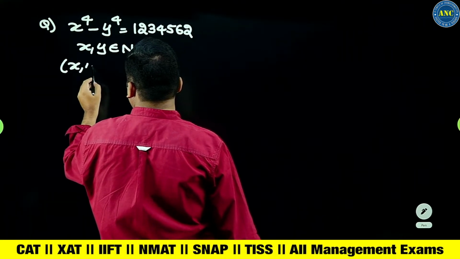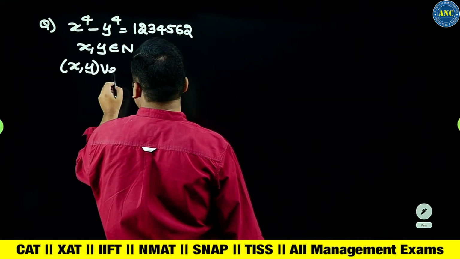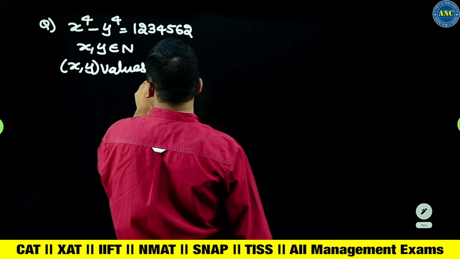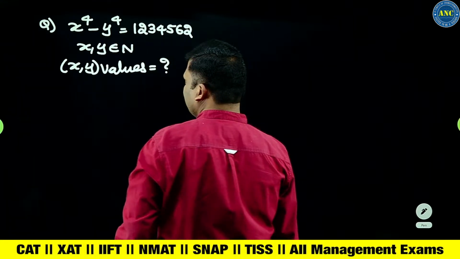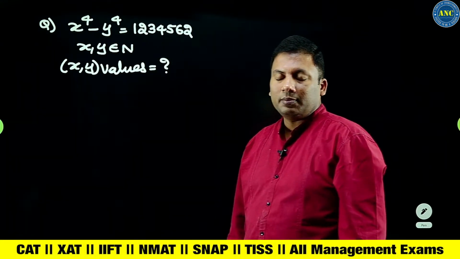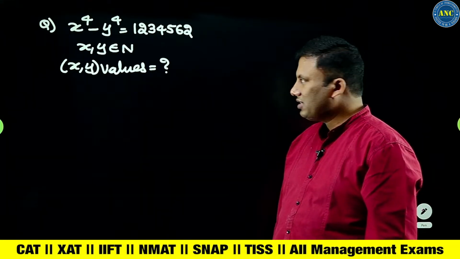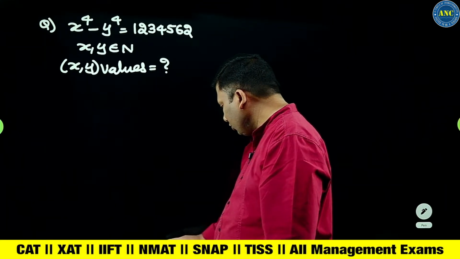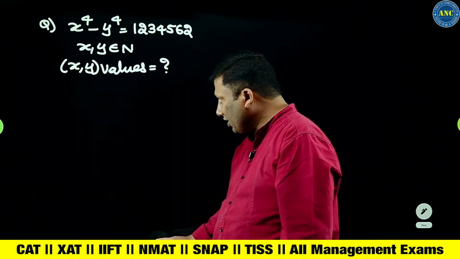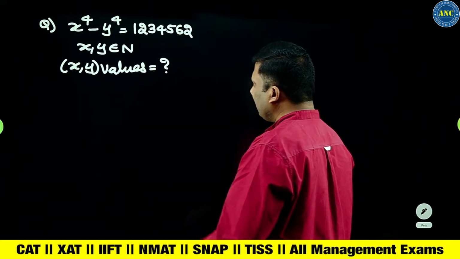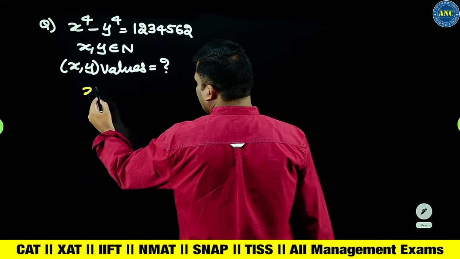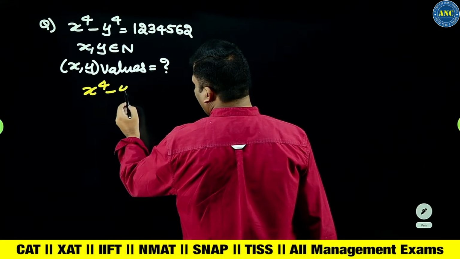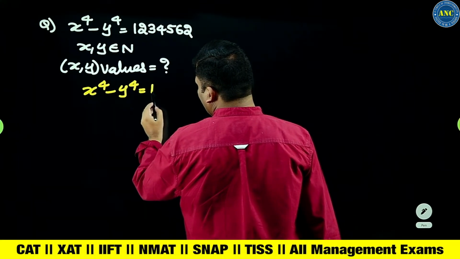How many values will x, y take? X power 4 minus y power 4 is equivalent to k.